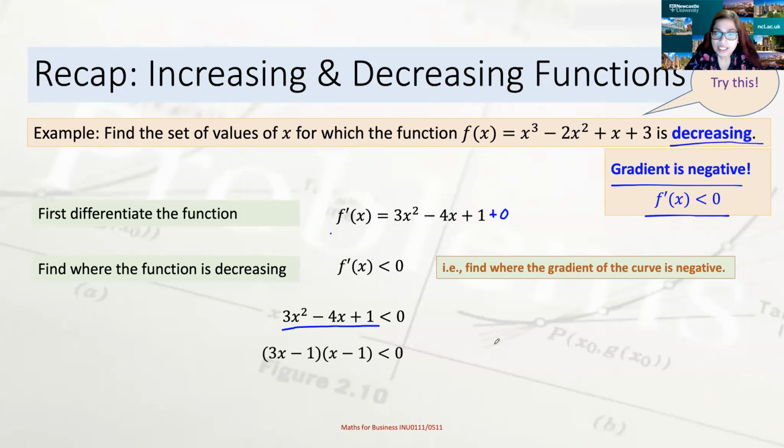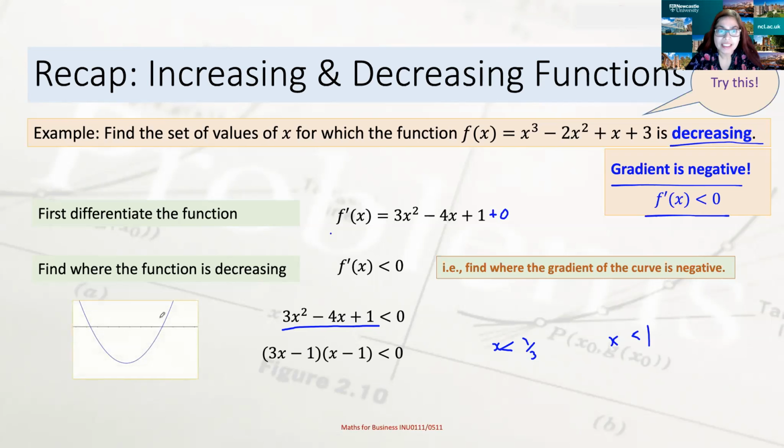And now you can say that x is greater than 1 over 3 and x is less than 1. Got it? So when you solve this, you get x is greater than 1 over 3 and x is less than 1.